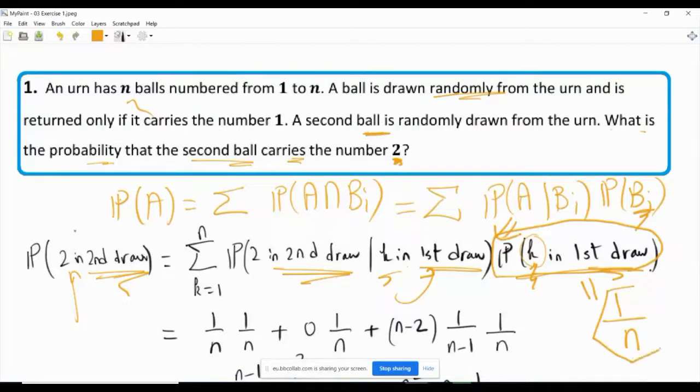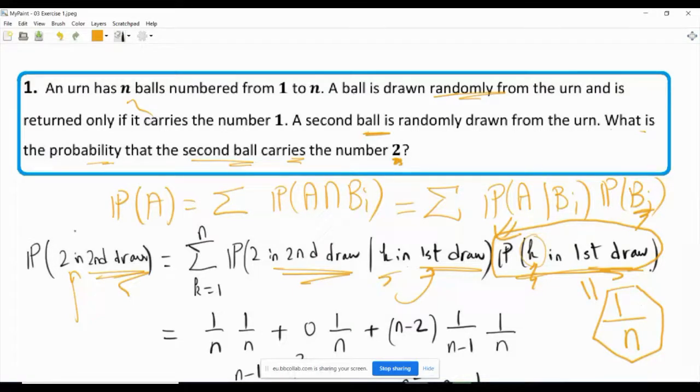This probability is independent of k. Because there are n balls, each one numbered 1, 2, 3 up to n, and the probability of getting k is 1 out of n possibilities. So it is 1 over n.